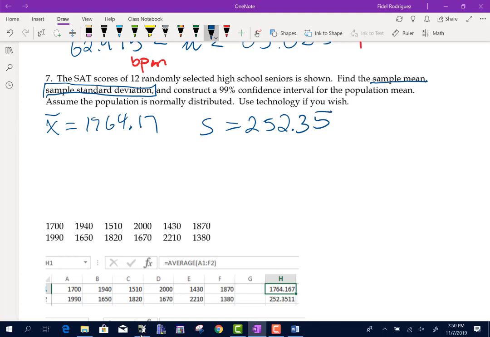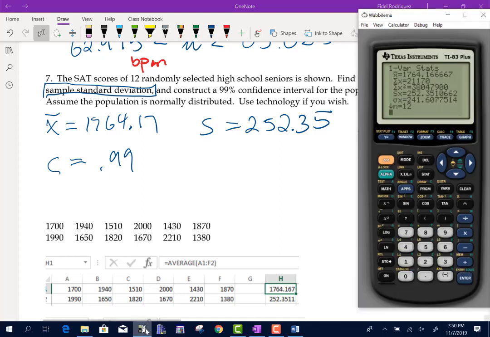Did we know what our N was in this case? N was 12, right? Because didn't we enter in 12 grades? And what is our confidence level here? 0.99, right?